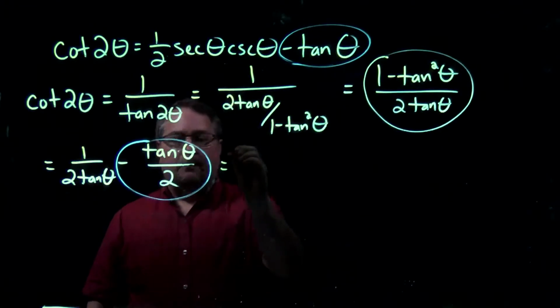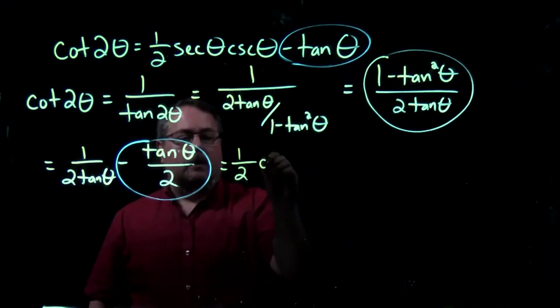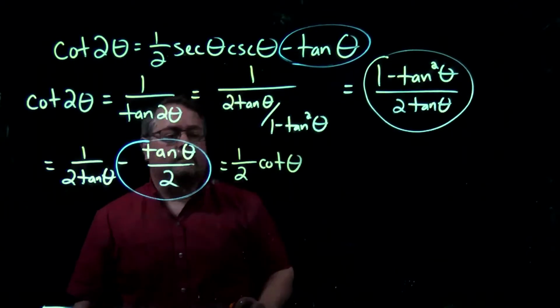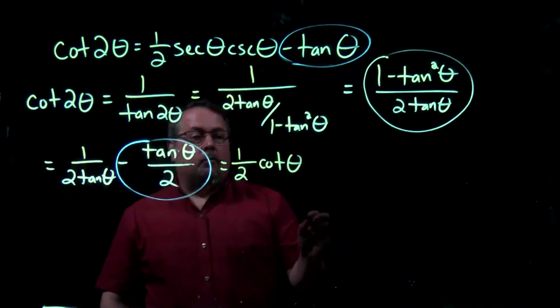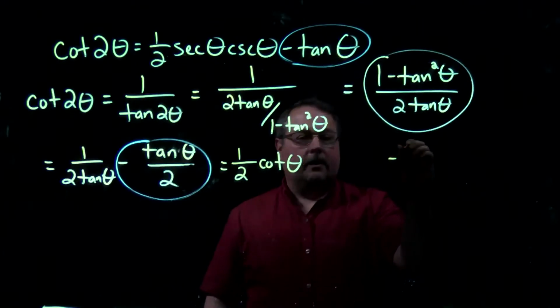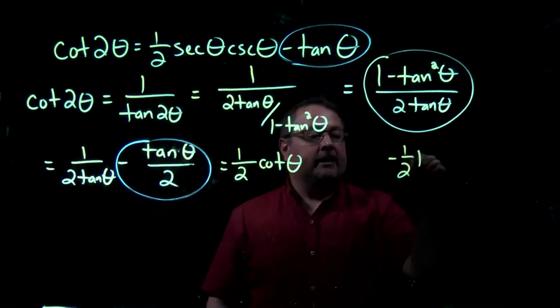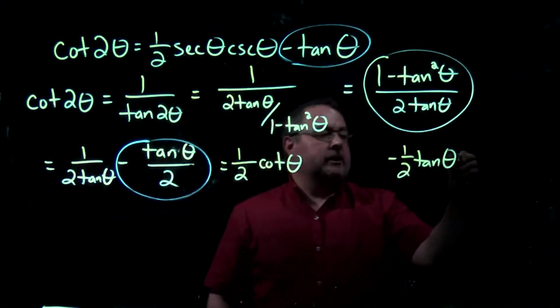So I'm going to rewrite this first term here as 1/2 cotangent theta, just to make things a little bit nicer for us. And then we have, I'm going to leave a little bit of space here, minus 1/2 tangent theta. And we want a minus 1 tangent theta.